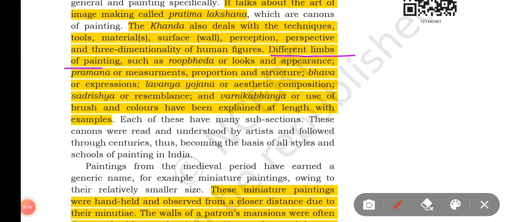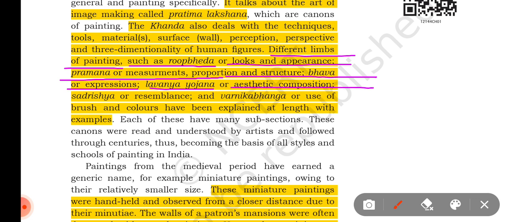Different limbs of painting, such as Rupa Bheda or looks and appearance, Pramana or measurements, proportions and structures, Bhava or expression, Lavanya Yojana or aesthetic composition, Sadrishya or resemblance, and Varnika Bhanga or use of brush and color, have been explained at length with examples.